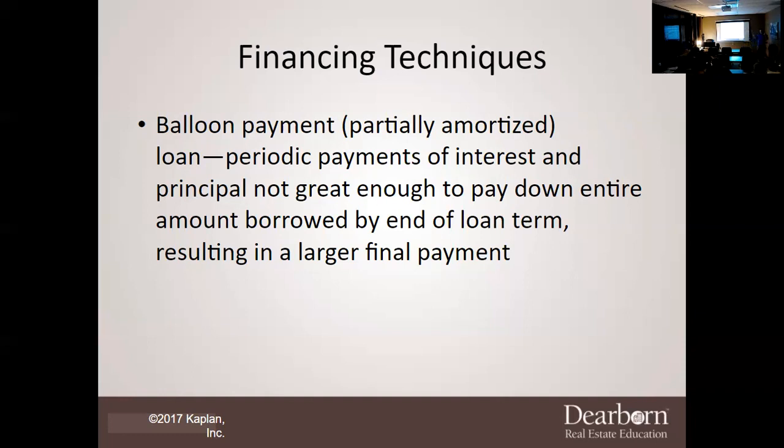You may have a huge payment at the end. So a balloon payment loan is what we call periodic payment of interest and principal, not great enough to pay down the entire amount that's borrowed by the end of the loan term, therefore resulting in a larger final payment.